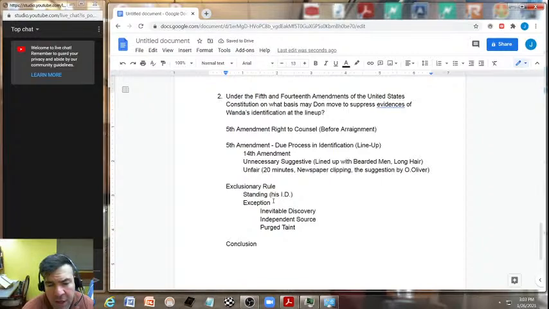They could argue that inevitably they would discover that Don was a clean-shaven, short-haired person, but also they might have an independent source that wasn't identified here, and then possible purge taint. I don't see any exceptions here for the exclusionary rule. So I would argue that the identification would be excluded, and that would be my conclusion here.